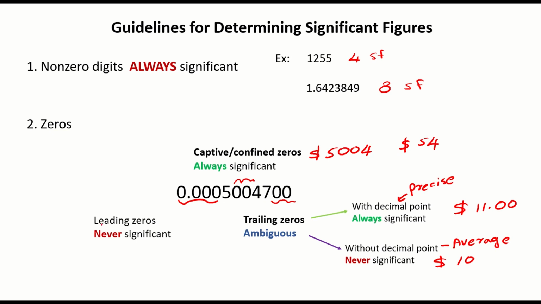Now let's look into leading zeros, and why they are never significant. Imagine you have a medicinal capsule which is 1 gram. You can convert these grams into kilograms.